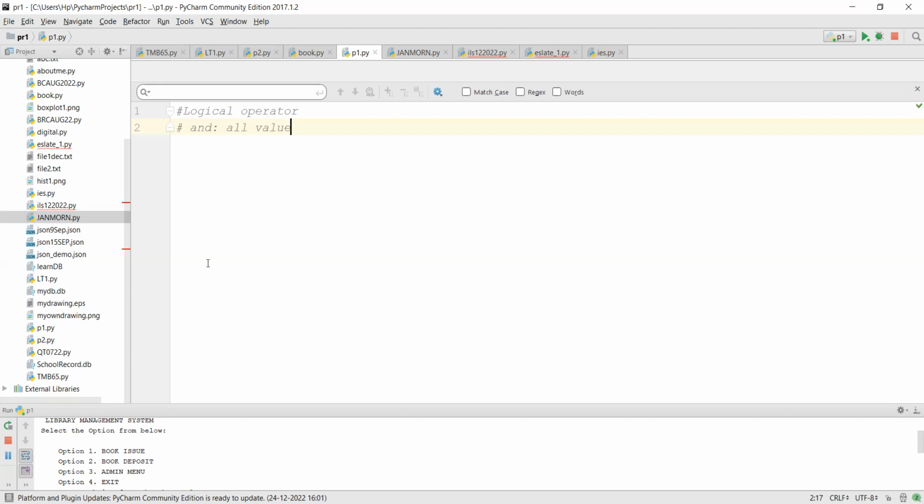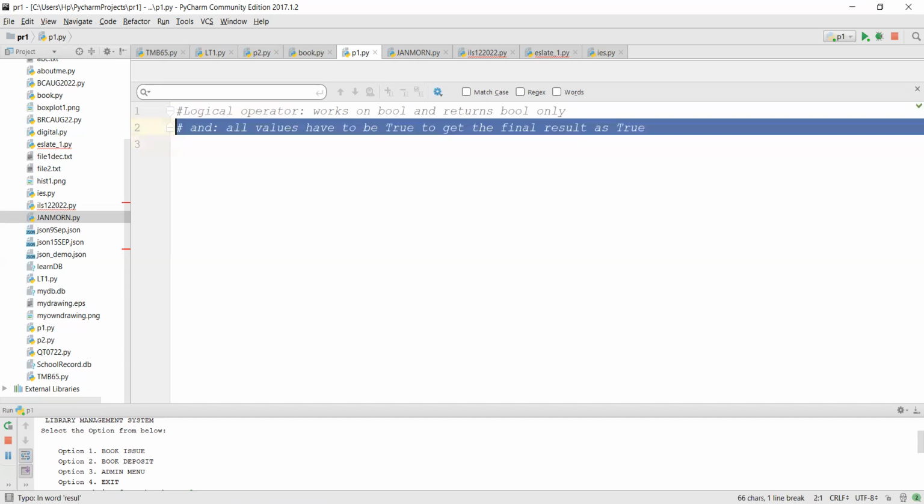If I talk about the AND operator, on either side of AND you have to have a value, right? So a logical operator works on Boolean and returns Boolean only. So here all values have to be true to get the final result as true.